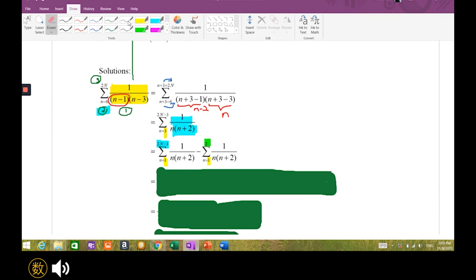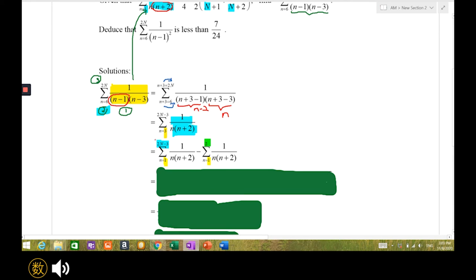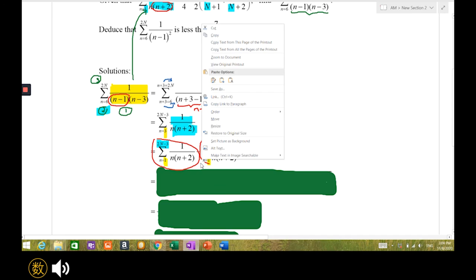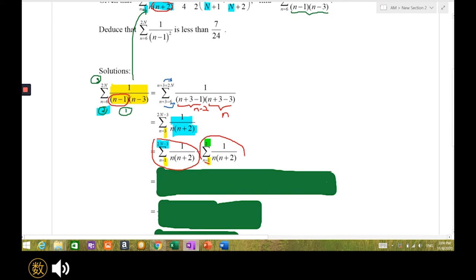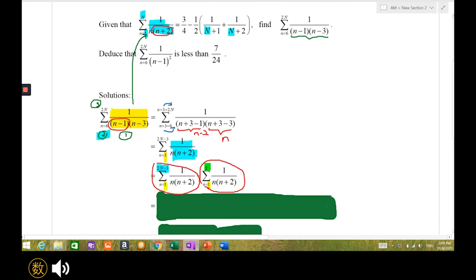It seems like double work, but this allows you to make use of the result given to you by the question. The only difference is that you no longer sum to capital N. You are summing to 2n minus 3, and you are summing to 2 in the second term. Nothing to worry about. All you need to do is replace whatever n's you see by the new expression.